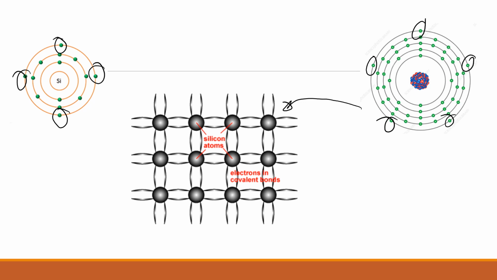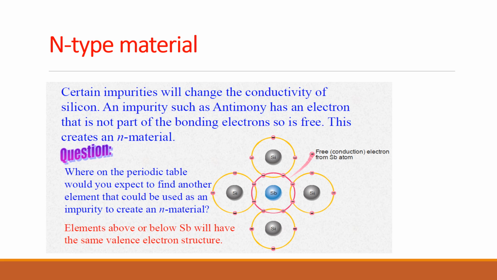Do you understand that? Because we have an additional electron, we call that an n-type material, n-type semiconductor. Because why? We have 1 electron additionally. Makes sense?